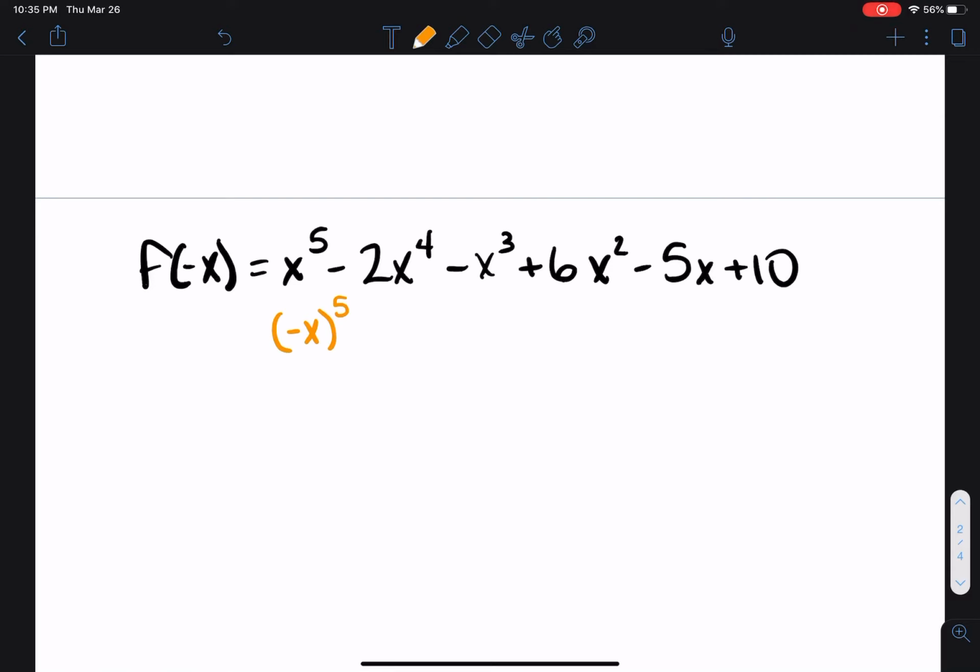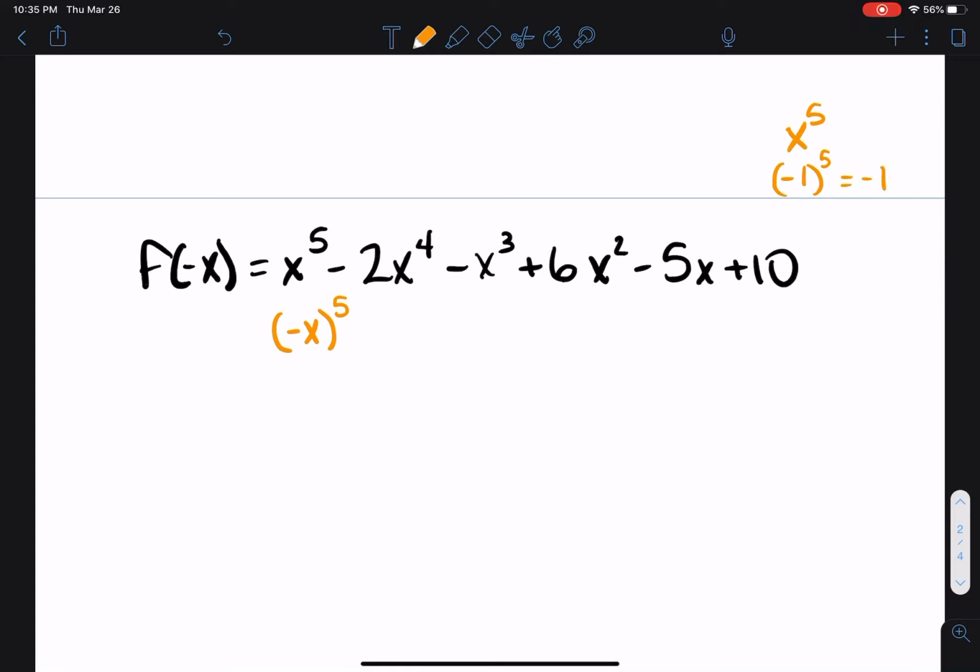What I really mean here is, if we plugged in a negative number for x in x to the 5th, let's say negative 1. If we did negative 1 to the 5th, since we're raising it to an odd power, it's going to stay negative. So this is still negative 1.